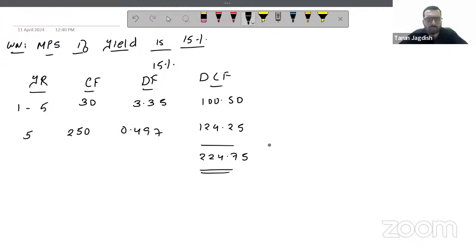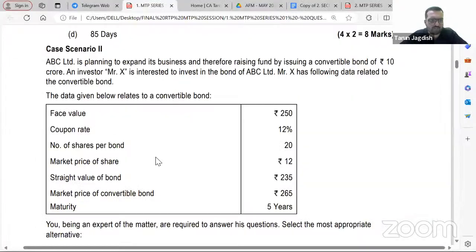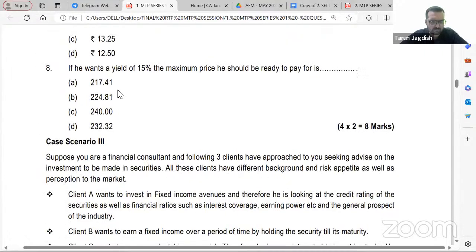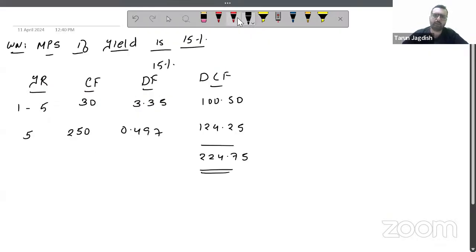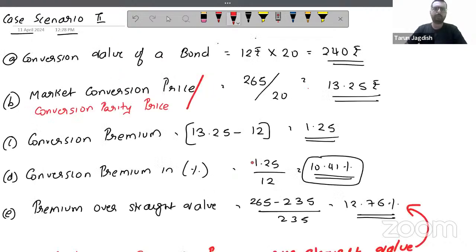Let's hope we have an option with 224.75, friends. 224.81 is there, B. Excellent, that is the right answer. Okay, so this is how you find out the price per share. So we are done with this question also. I'll give you a minute's time, read through it. If you have any doubts, you can let me know.